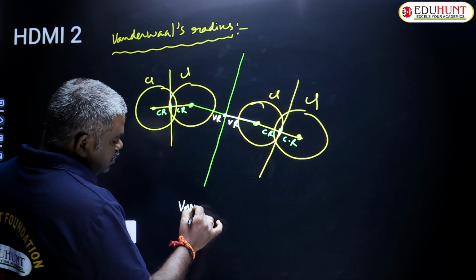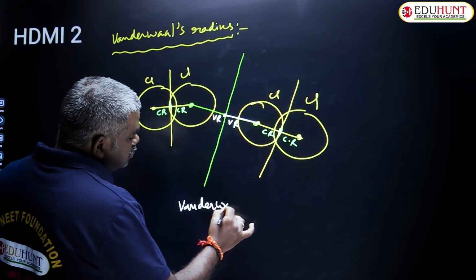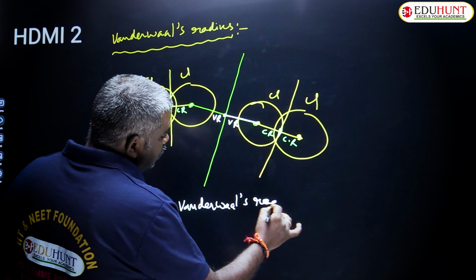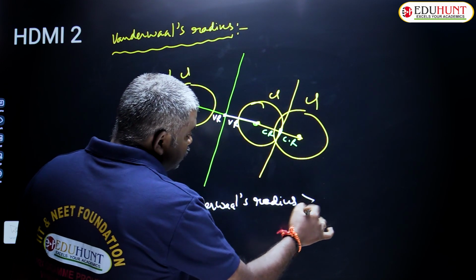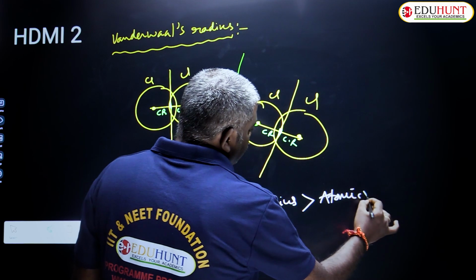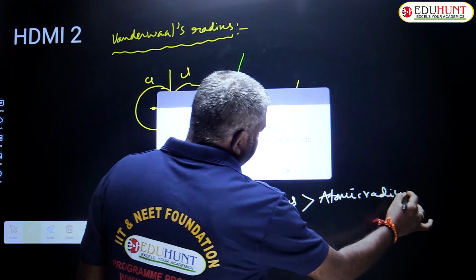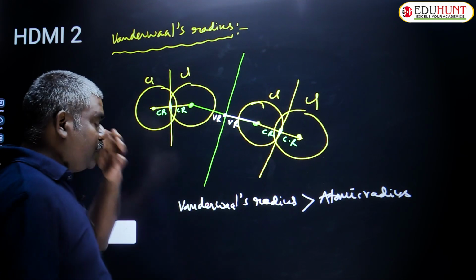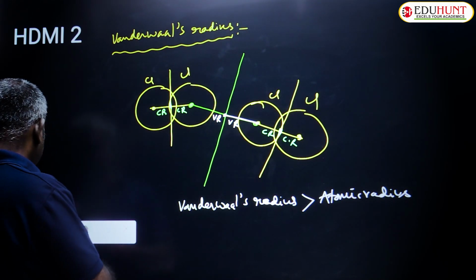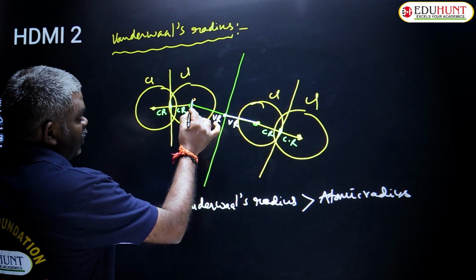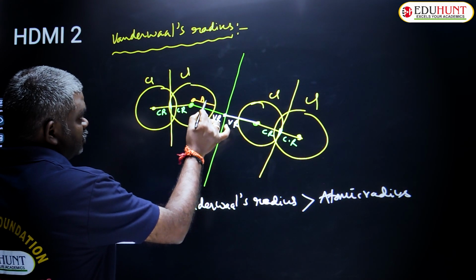See, if you observe, van der Waals radius is always greater than atomic radius. Why? Because see, what is the atomic radius here? From here to here, it is atomic radius.